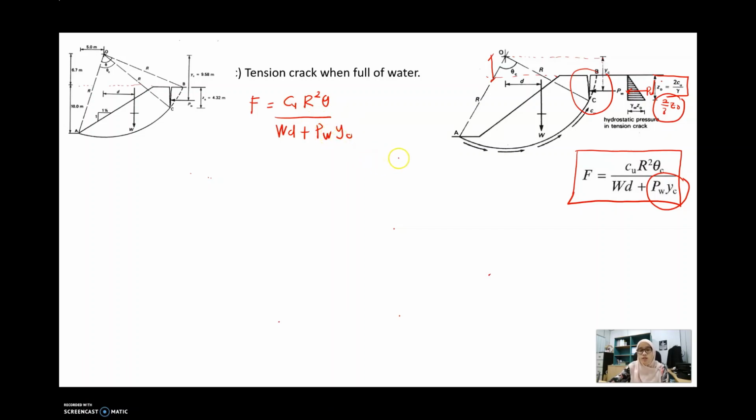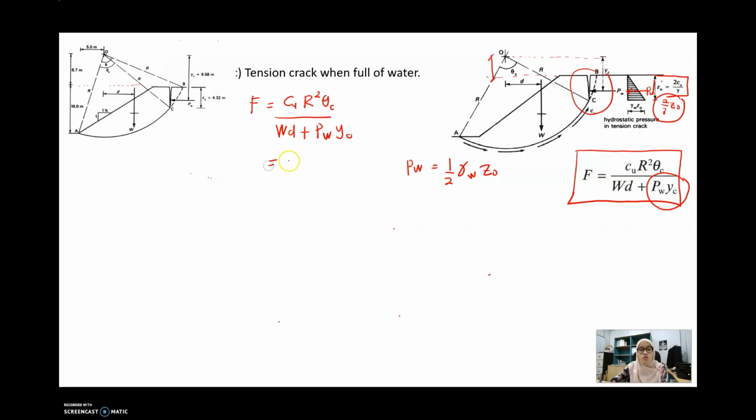How do you determine the PW? PW is equal to half power of gamma water times the Z0. You are referring to the water pressure, so you are referring to the Z0. The Cu, the R value, the theta C, the W, the D, and also the YC is given in the question.